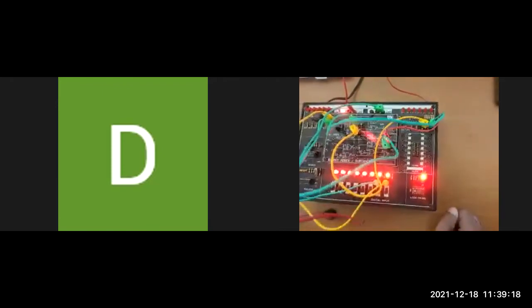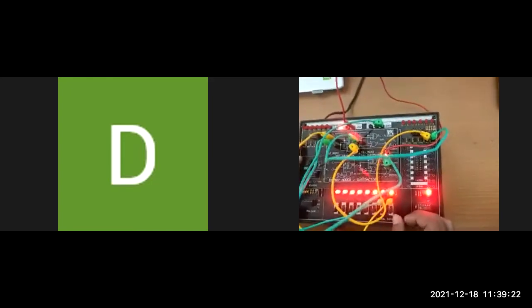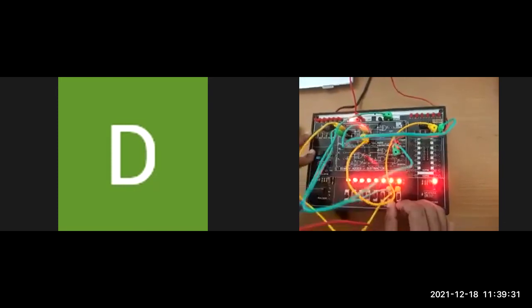The next combination is 0 and 1. I am considering this one as 0, and I am giving this one the 1 state.